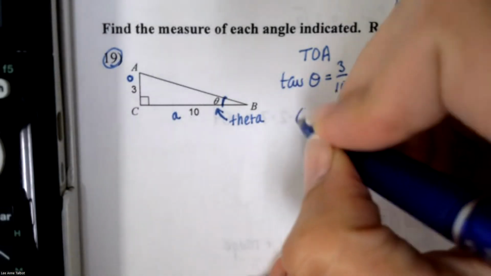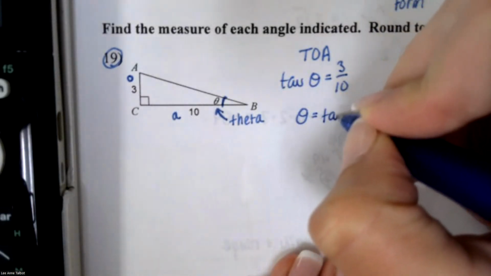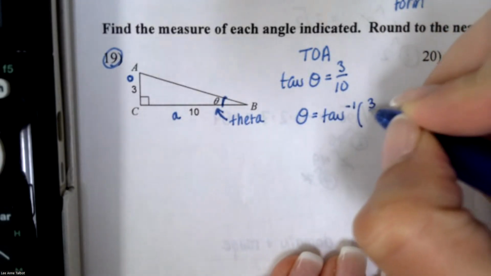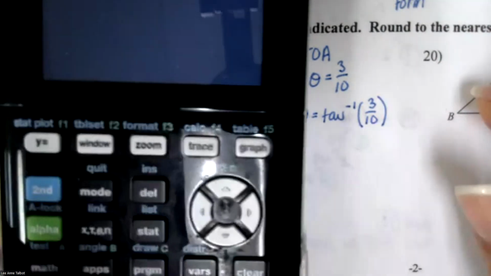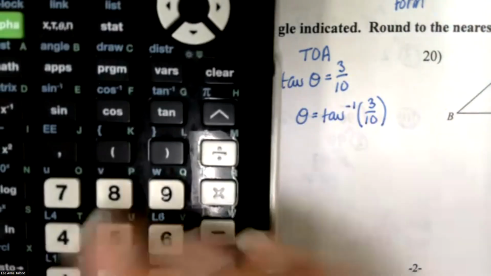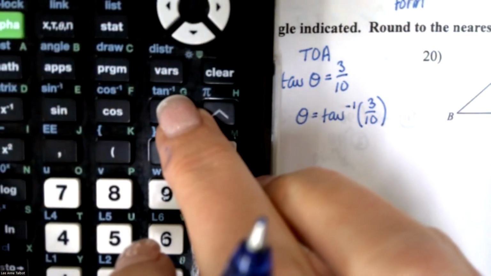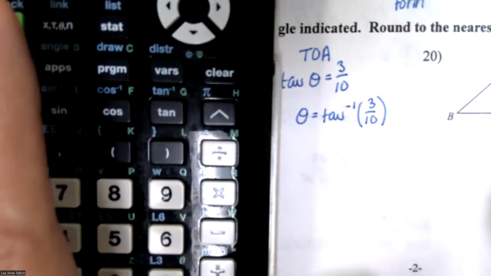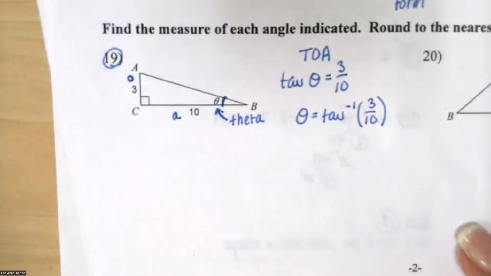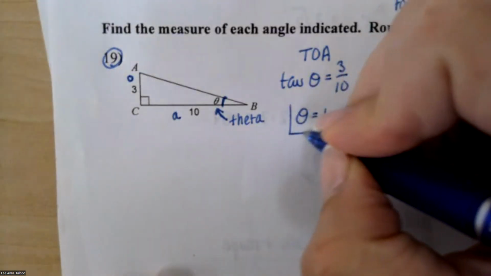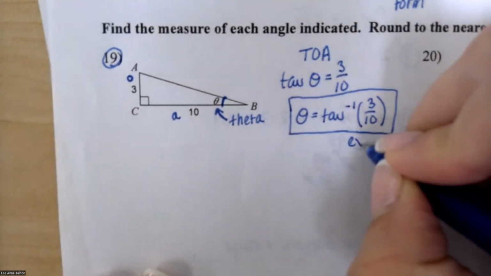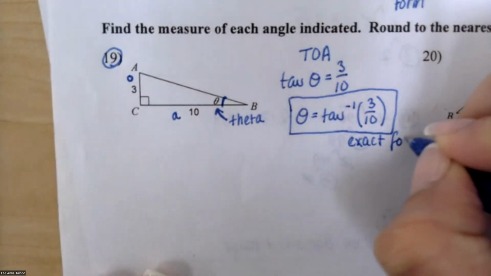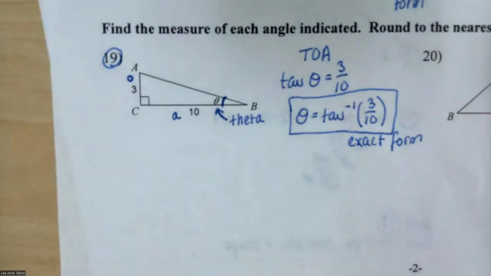And to undo tangent, we use tan inverse. Tan inverse is above tangent on the calculator. So you have to hit the blue button for tan inverse. But this is where you would stop on the quiz anyway. That's exact form.